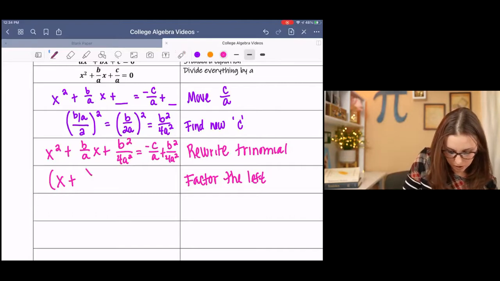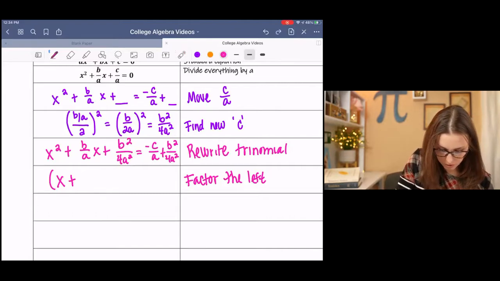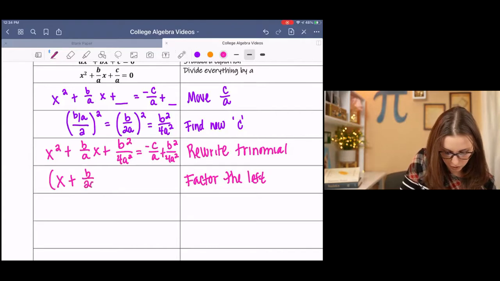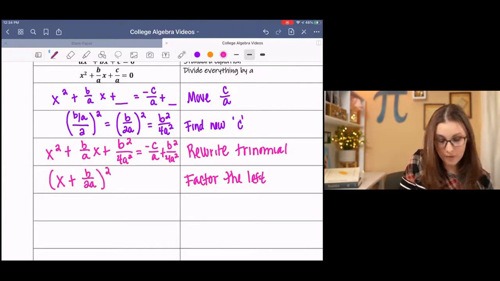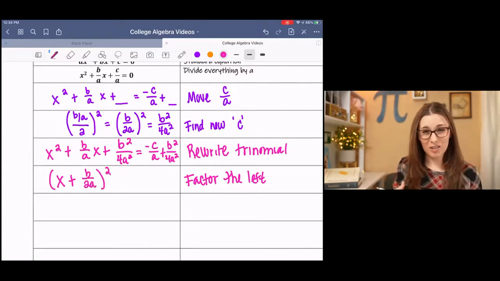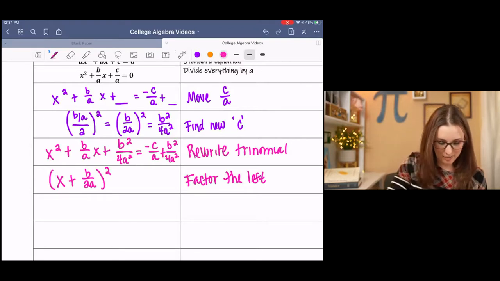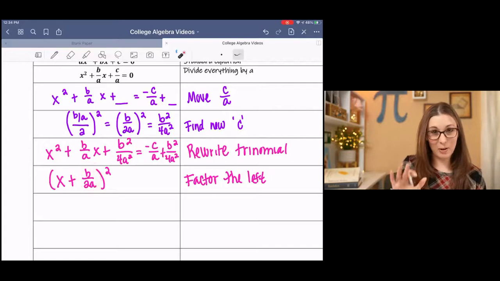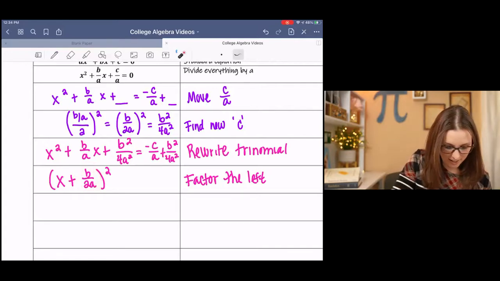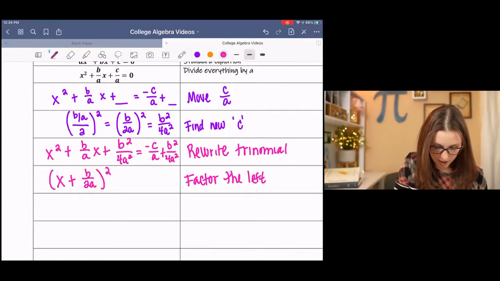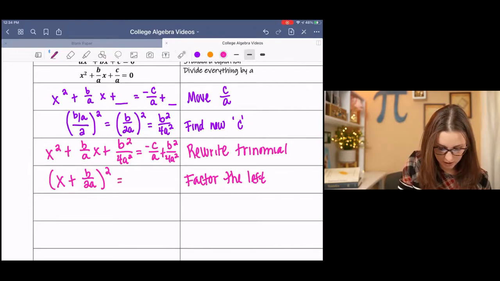Now remember, our b value is b over a, so it's b over a over 2, which simplifies to this. So hang in there, I promise. And then the right side, we have negative c over a plus our new c value.